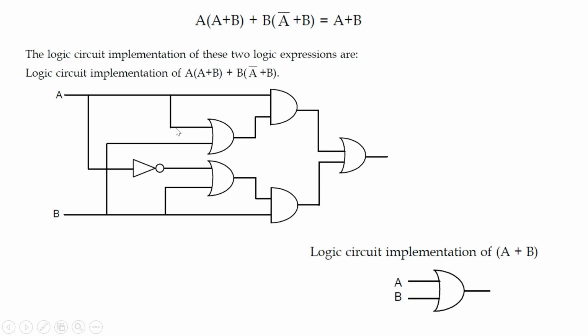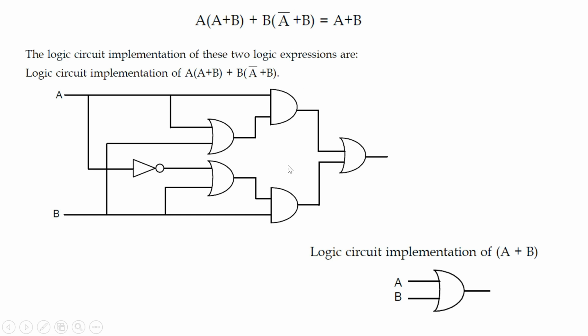Looking at it, how are we going to implement this? With the operator precedence, it says draw first what is inside the parentheses. So we first have A or B. Here is A or B, this one. The output of that is ANDed with A. That's why we have this. The output of that is later ORed with this term.